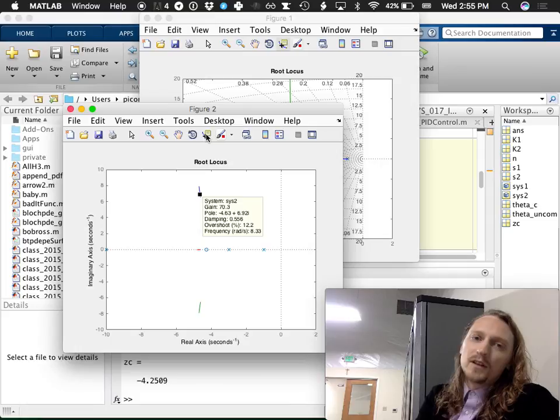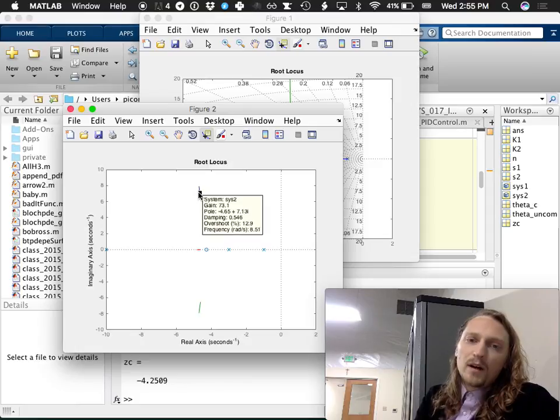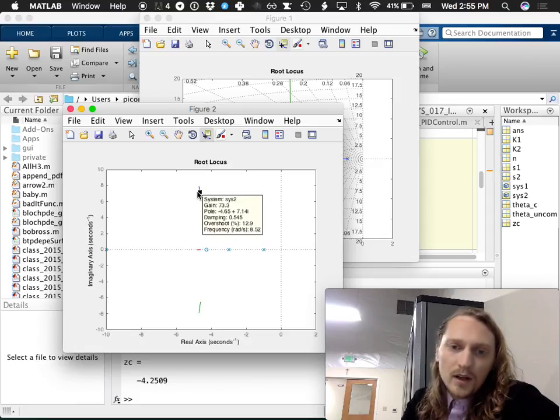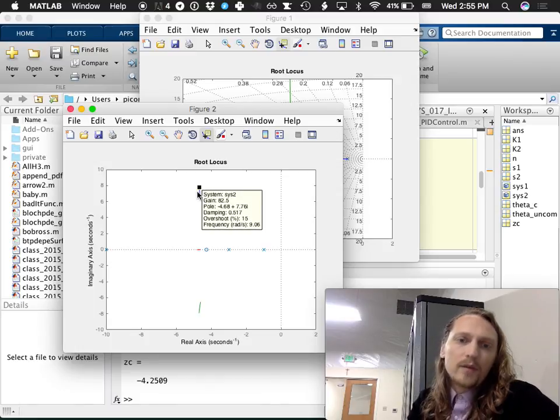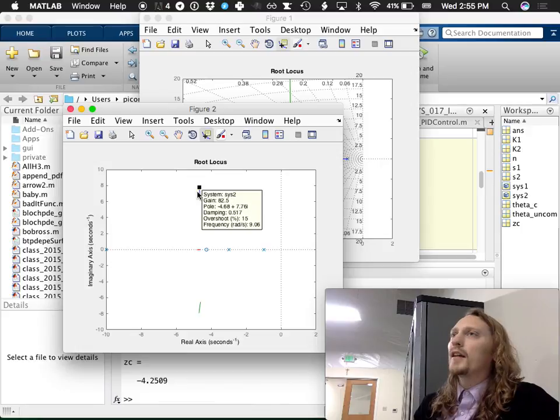So let's look a little bit more specifically along this region here, and we want an overshoot of 15, right? Somewhere in there, 82.4, 82.5 for our gain. We get our overshoot.